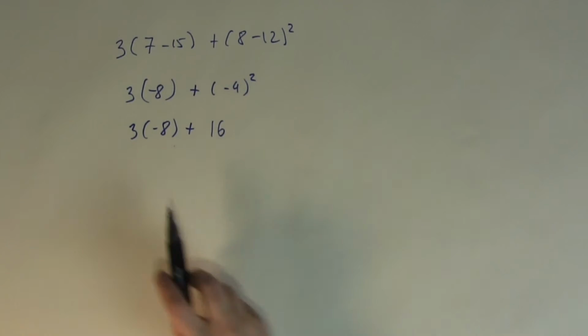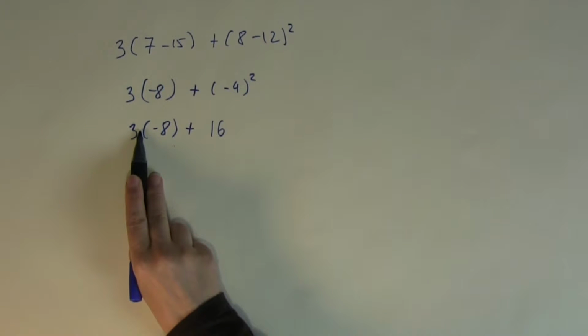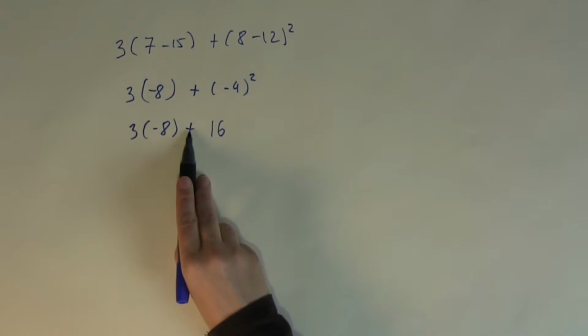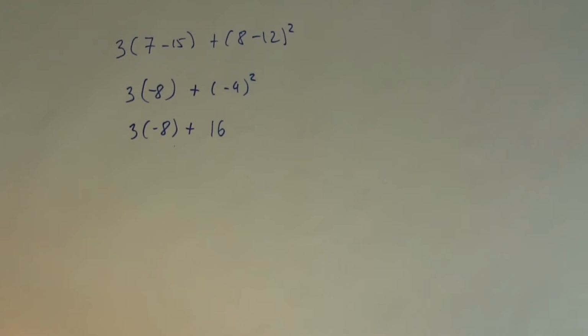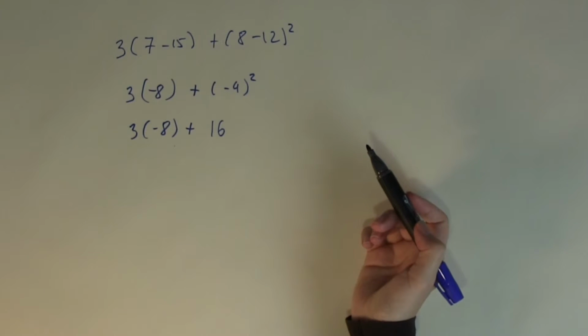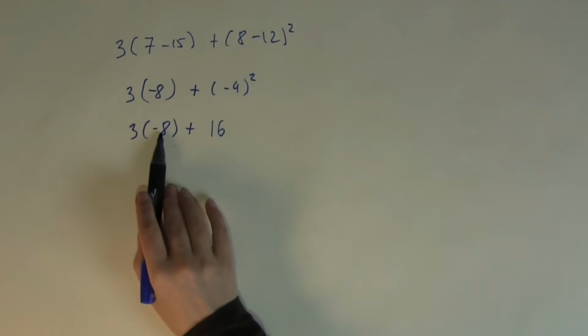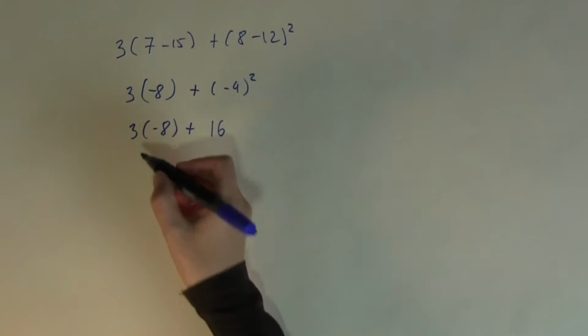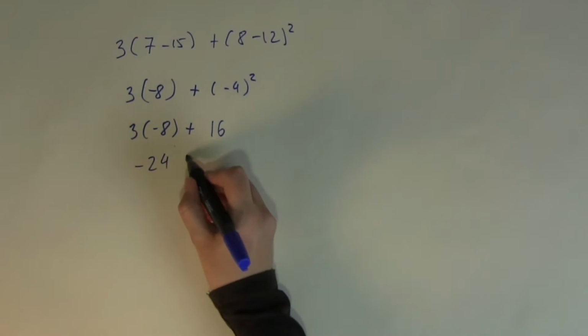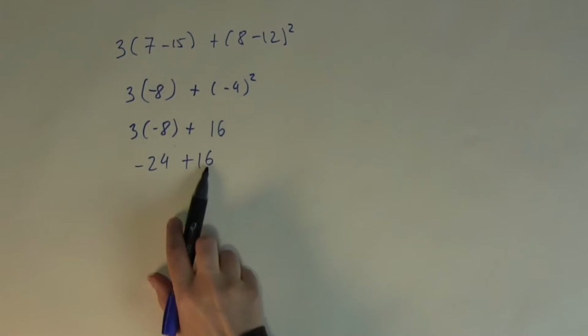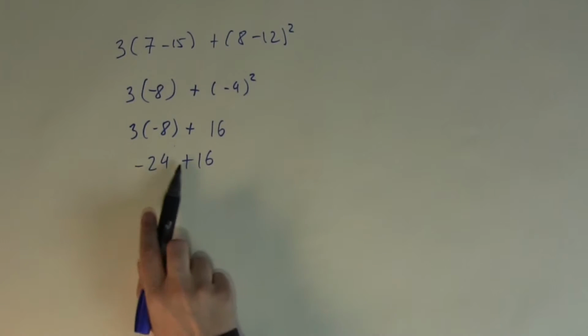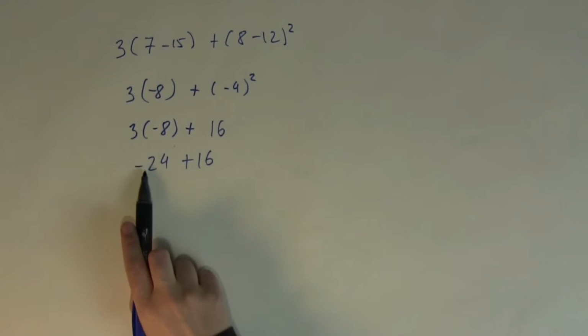And what I have got here now is a multiplication, hiding here, plus an addition. Now the multiplication is a higher operation, so I need to do the multiplication first. So 3 times 8 is 24, so that gives me minus 24 plus 16. And if I look at the two of them, the negative is a bigger value.